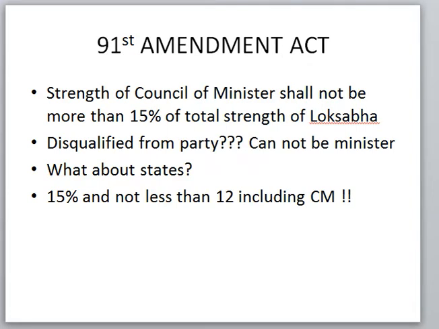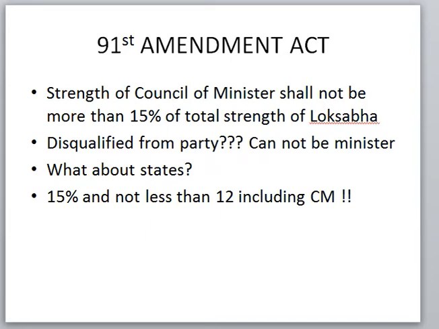And there is a minimum rule also in case of state government, that in a state government we have to have a minimum of 12 ministers including the CM. There is no such rule of a minimum number of ministers in the case of the central government. The central government can even have 2-3 ministers also, but in case of a state government there is a rule that it must not have fewer than 12 members.